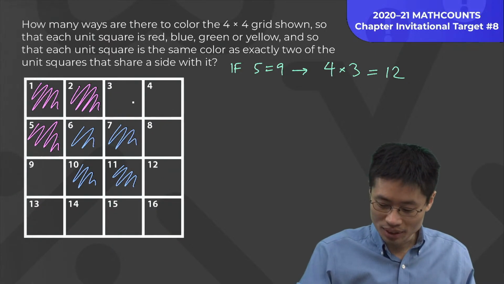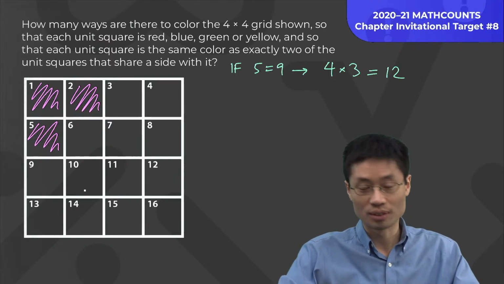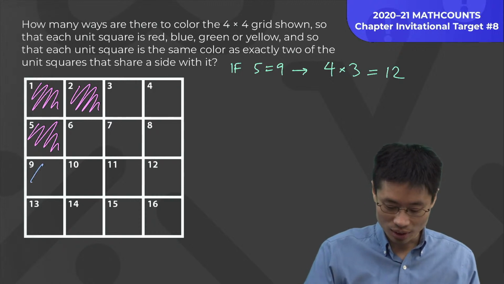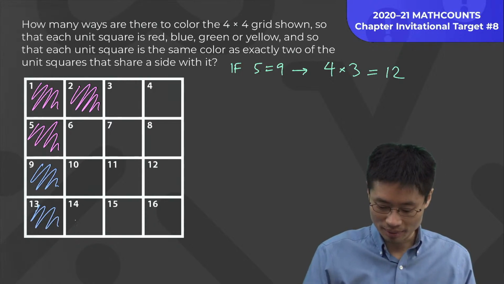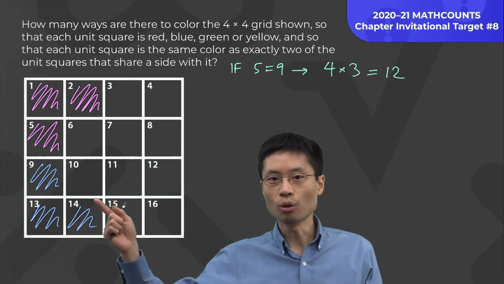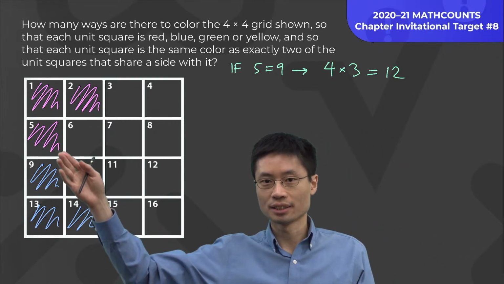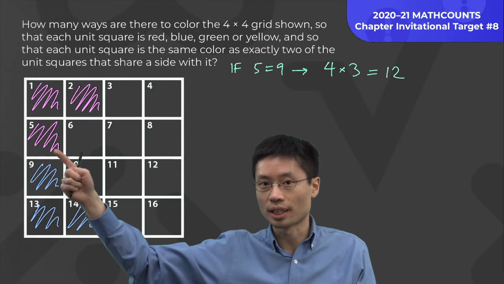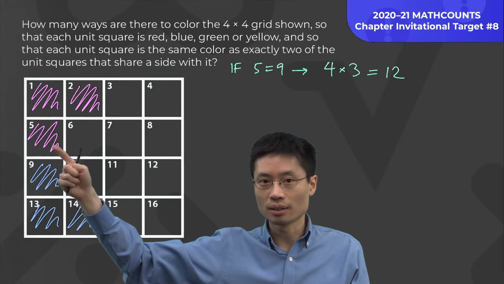I don't have many pictures that I can use, but I'll just draw it. I erased it, I'll draw it here. Next. Now 5 is not equal to 9. Oh no, but these are all the same as each other. All right. Oh boy, but if that's the case, how is this supposed to be the same color as exactly 2 squares that share a border? Well, not that one.